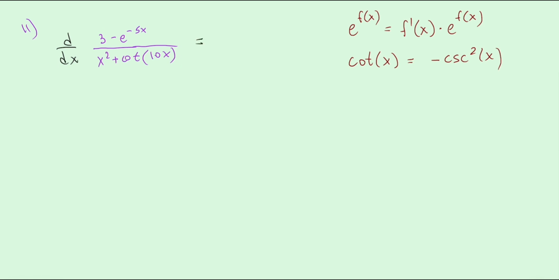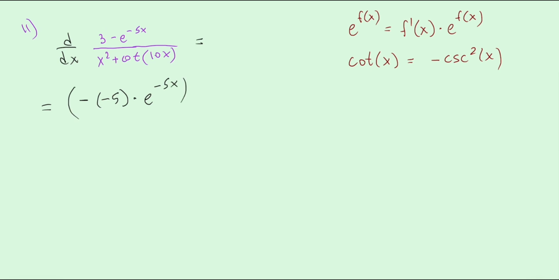Now let's derive this. Here we're going to use the quotient rule. We're finding the derivative of the numerator first, and we get, let's pull out the negative, the derivative of the power is -5 times the function itself.